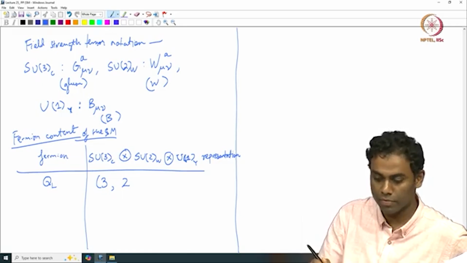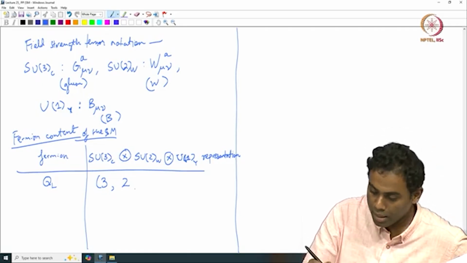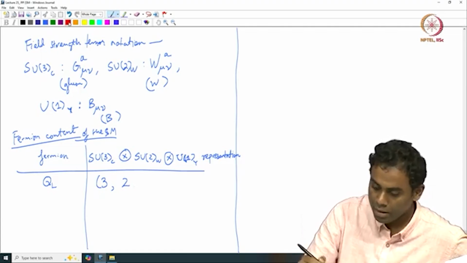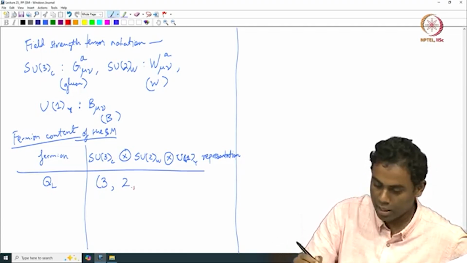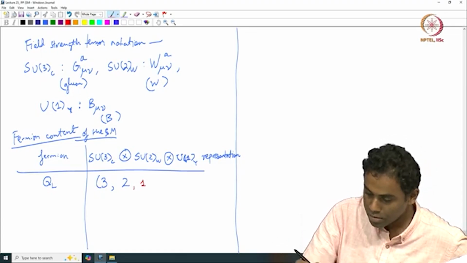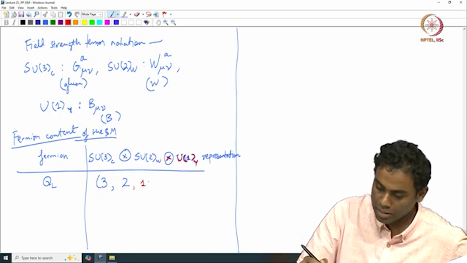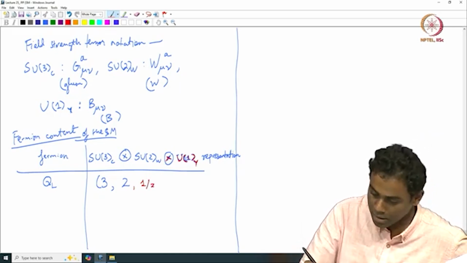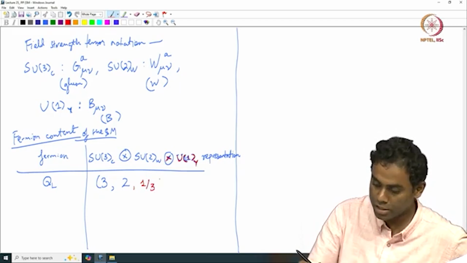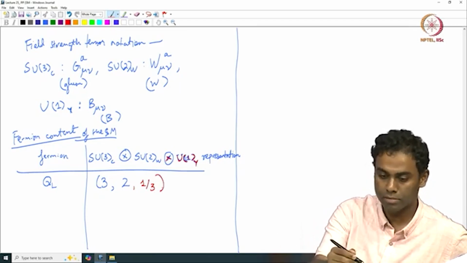And finally, the last one I'm going to write with a different color, because this is not a representation, this is just the charge.